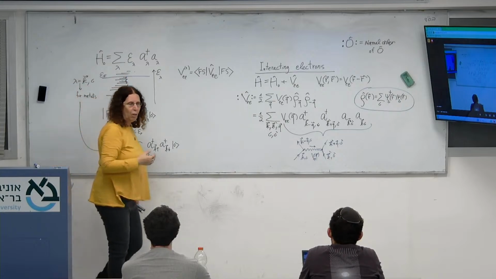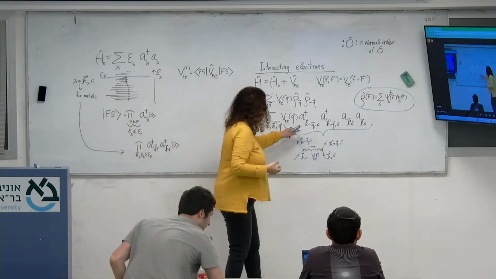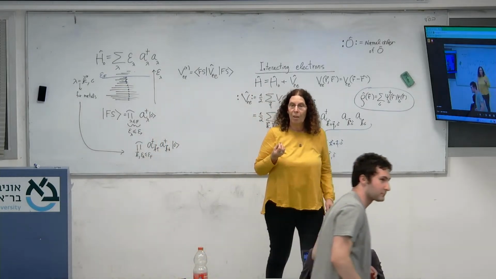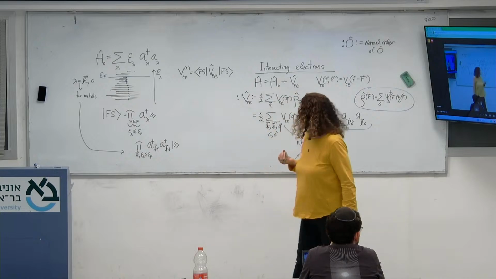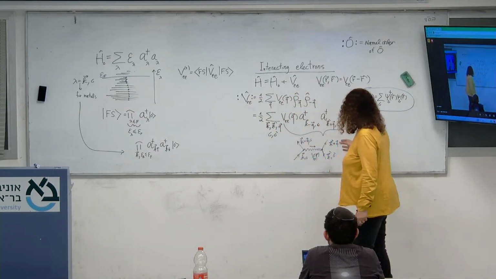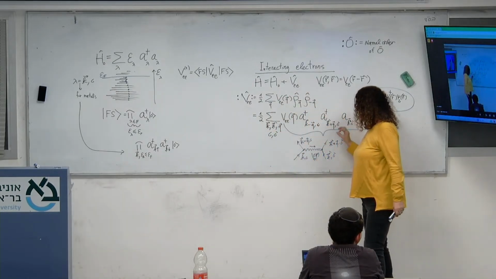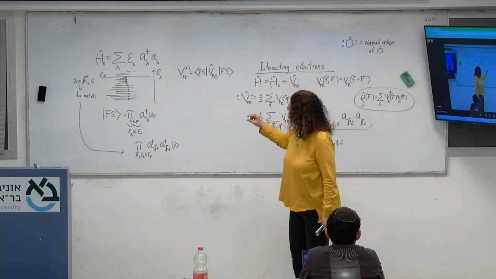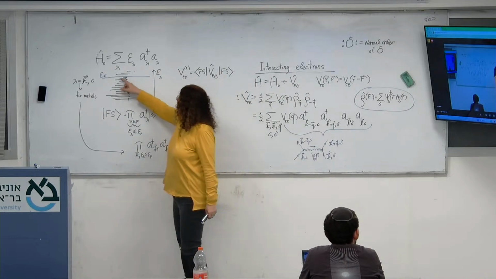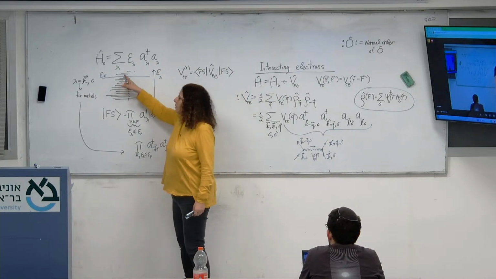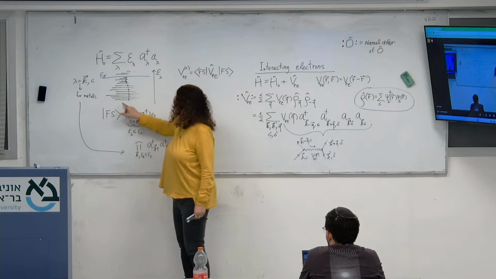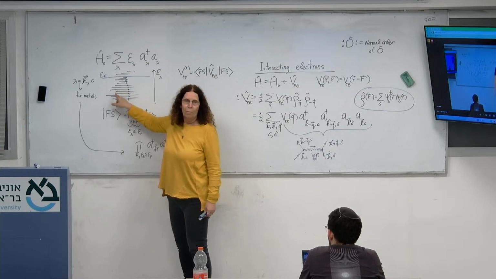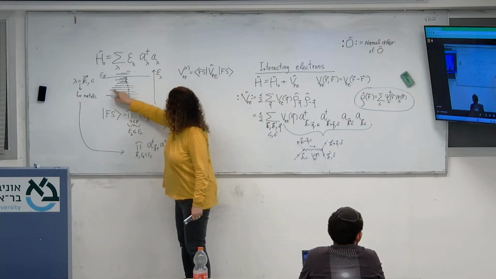If this is really a perturbation, it can only make small changes that change the state of the particle. Now, I cannot make a small energy excitation here.